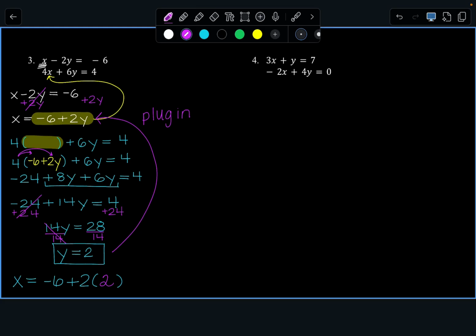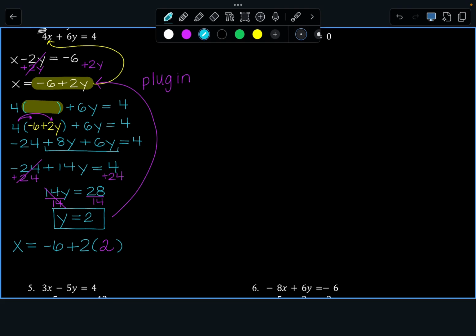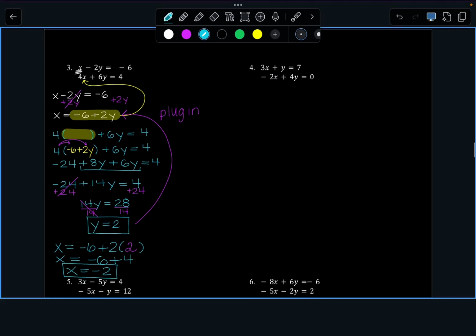In that spot, we're plugging in 2. X equals negative 6 plus 4. So x equals negative 2. Writing it as an ordered pair, negative 2 comma 2.